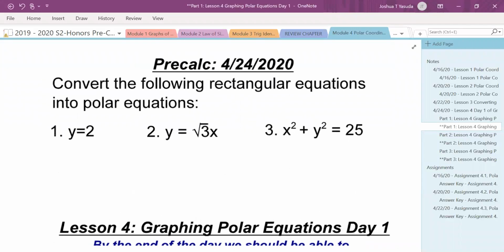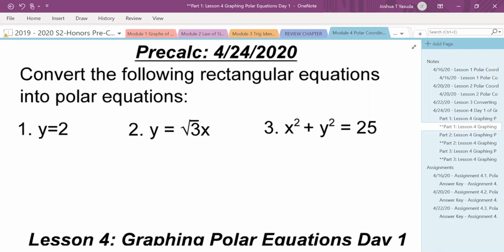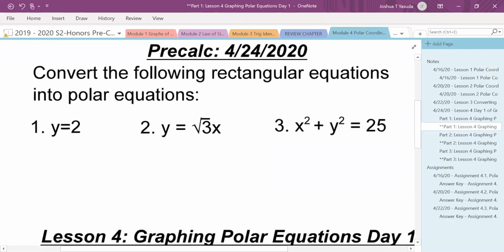But before we get started, I wanted to go through a couple things that I think will be helpful. Convert the following rectangular equations into polar equations. So we have x's and y's, which are normal equations that we're accustomed to, but we're going to convert them to polar. Remember, if we see a y, then we're going to do r sine of theta equals 2.